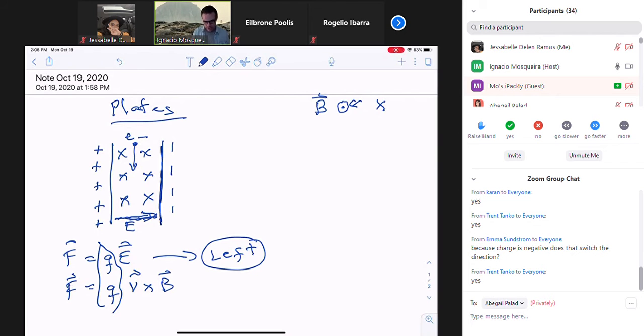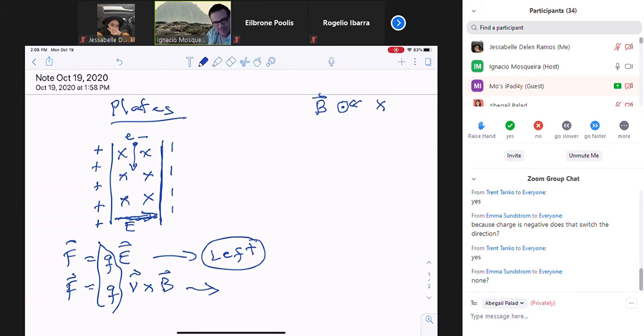Okay. How about this one? What direction is that? I'll give a hint. Is it right or left? I'm not trying to be tricky. I'm giving you a hint. You can choose to the right or to the left for the magnetic.